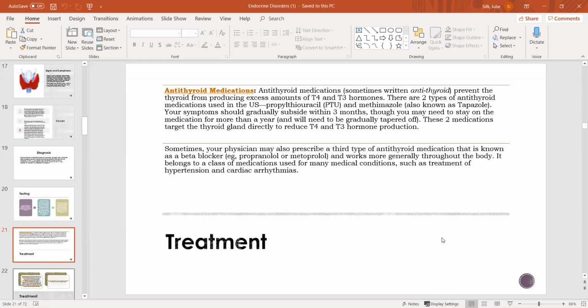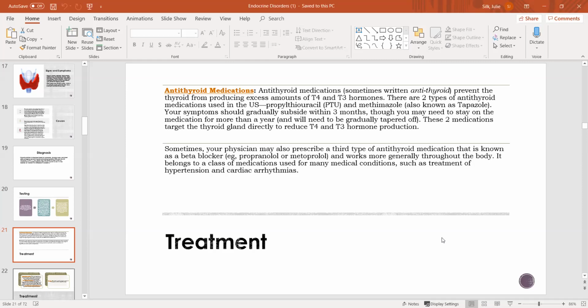There's one called propylthiouracil, which is PTU. And the second one is methimazole, which is Tapazole. Both of these two meds work by blocking the thyroid gland's ability to make new thyroid hormone.